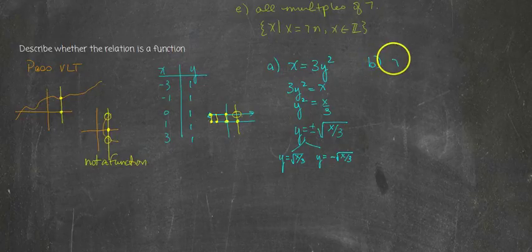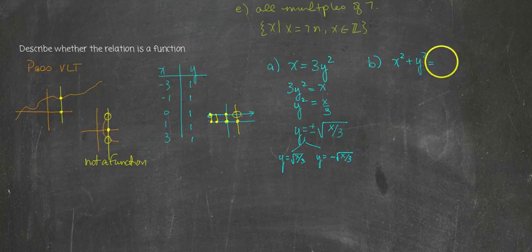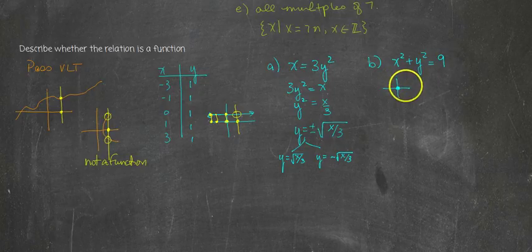B. So x squared plus y squared equals 9. So we already know this isn't a function because this is the definition of a circle with radius 3 and center at 0, 0. So the vertical line test on this is definitely not going to work. But we can find it out algebraically as well.